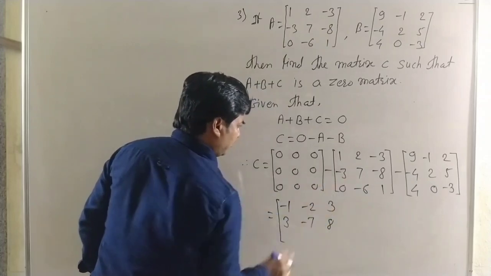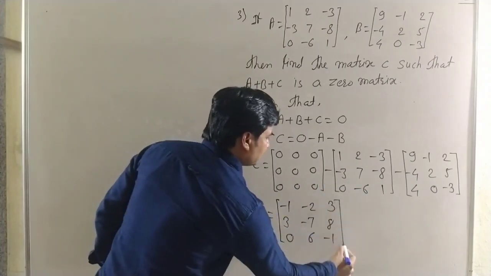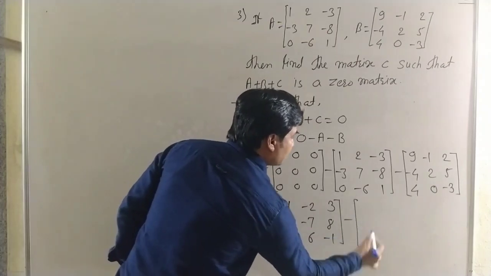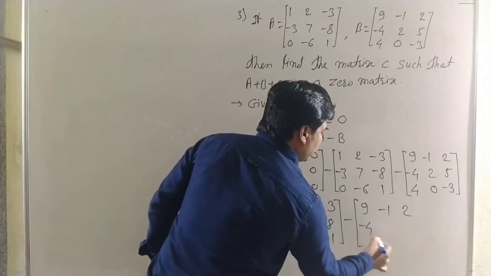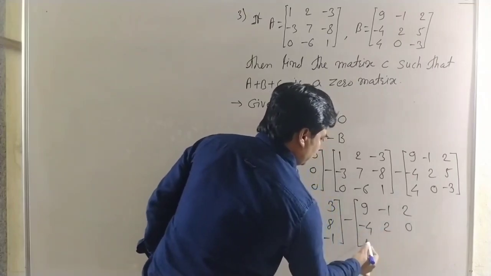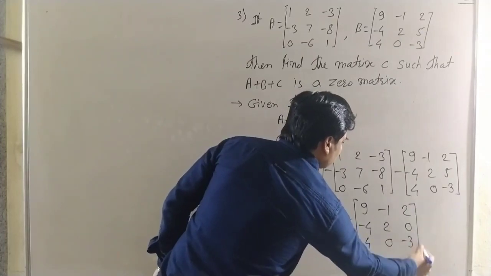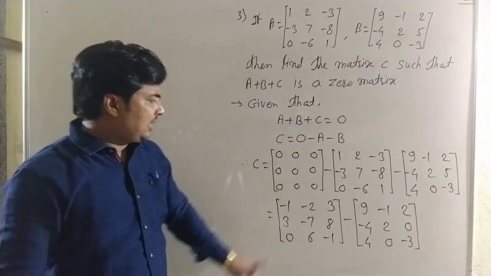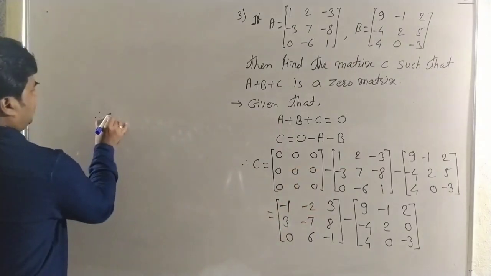Subtraction of these two matrices. 0 plus 6 and it is minus 1. And minus 9 minus 1 2, minus 4 2 5, 4 0 and minus 3. Now the matrix C is the subtraction of these two matrices.